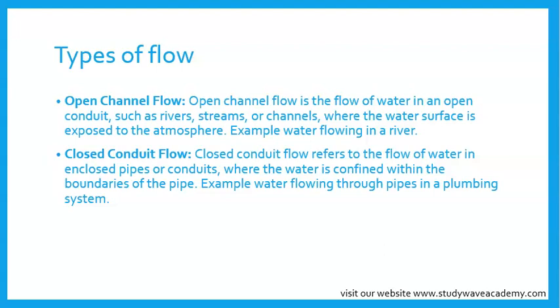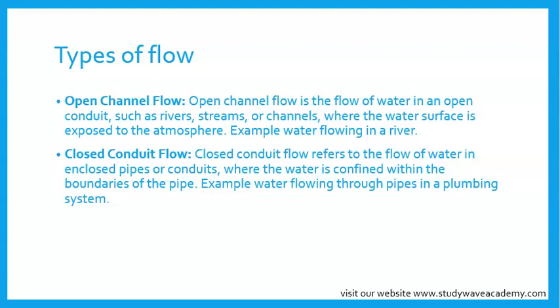Closed conduit flow. Closed conduit flow refers to the flow of water in enclosed pipes or conduits, where the water is confined within the boundaries of the pipe. Example, water flowing through pipes in a plumbing system. Water flows in pipes or tubes, like in your home plumbing.